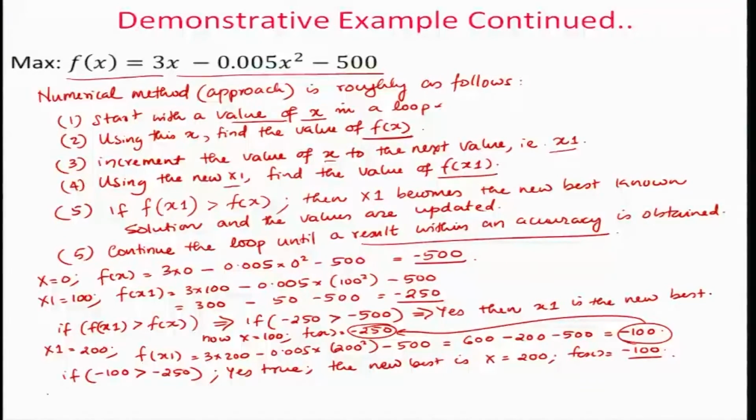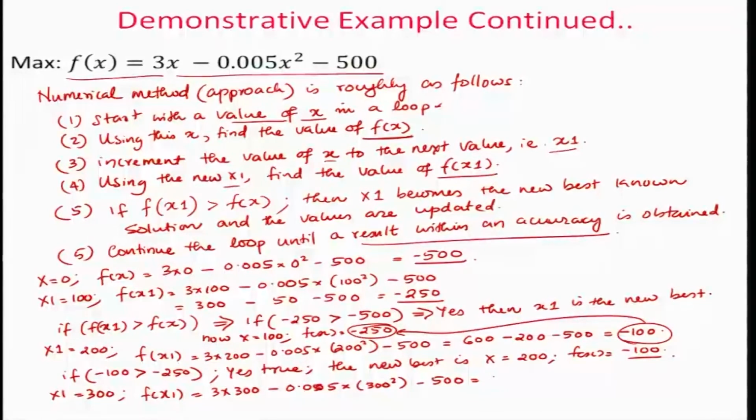Now, let us take x1 is equal to 300. Then f of x1 will be 3 times 300 minus 0.005 times 300 square minus 500.